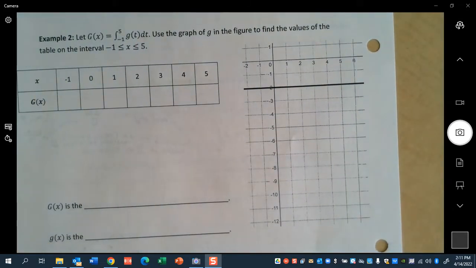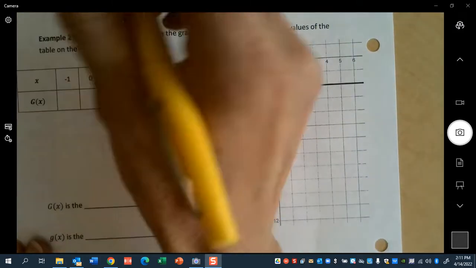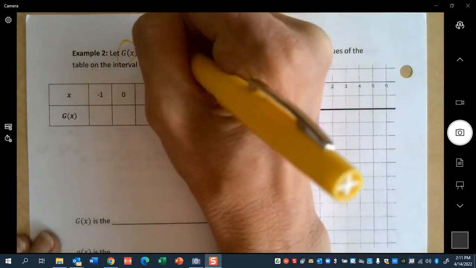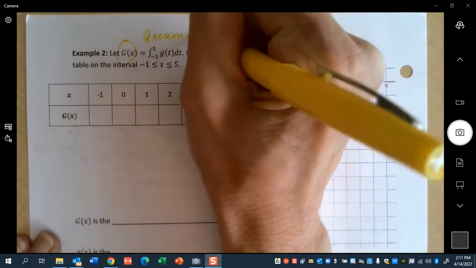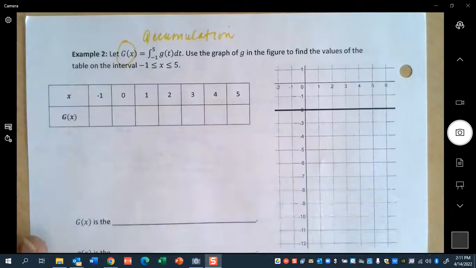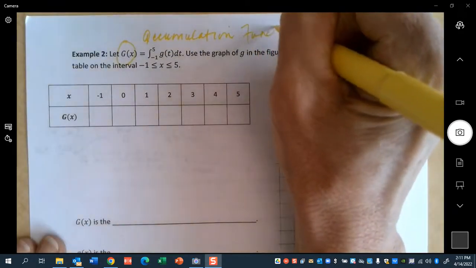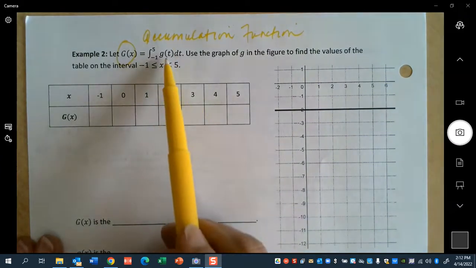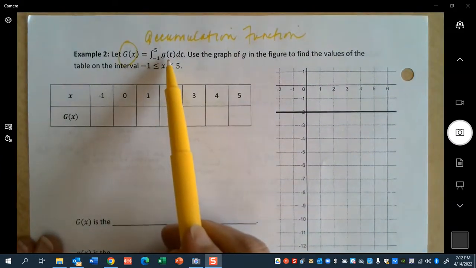Let g of x equal, so g of x, this is going to be our accumulation function. So that is going to be the area under the curve of g of t.